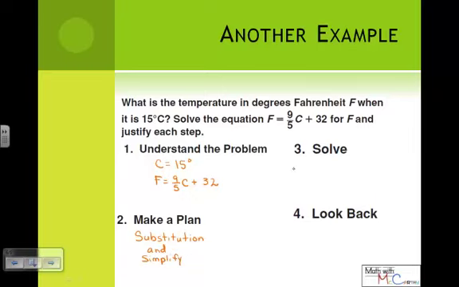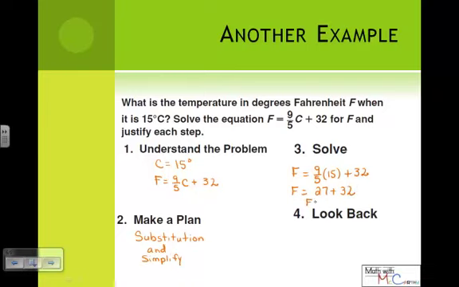So here we go. First, I am going to use substitution to replace the C with 15. And then I'm going to simplify. 9/5 times 15 is 27 plus 32.